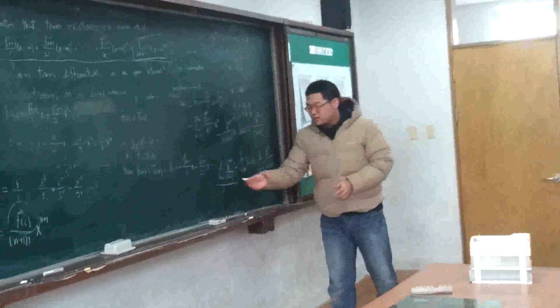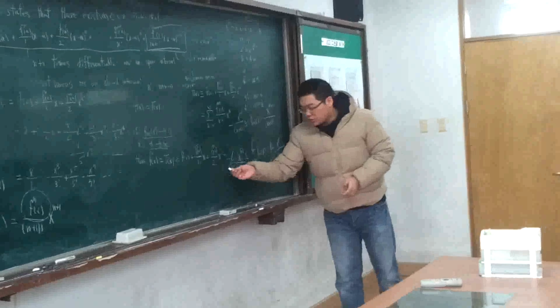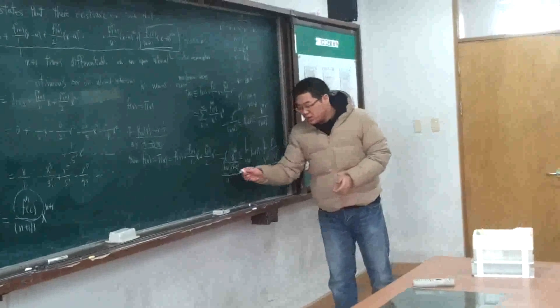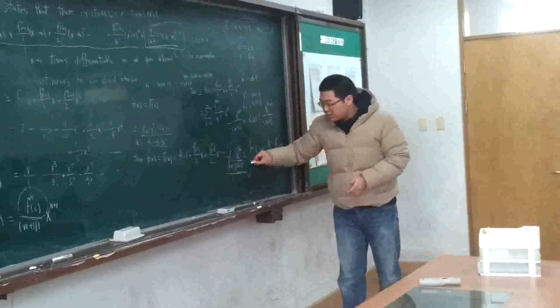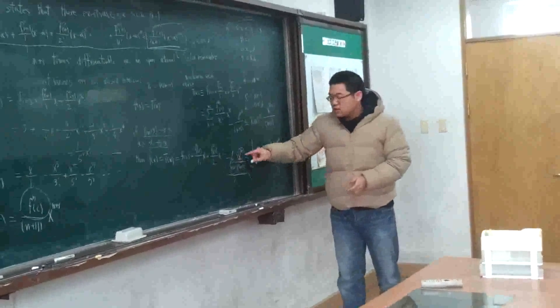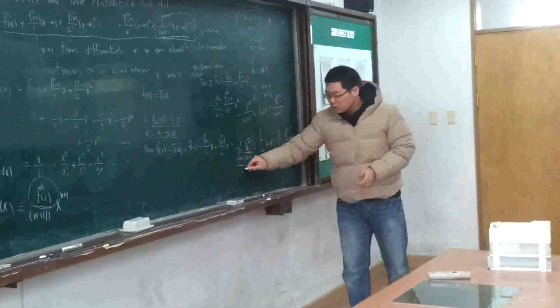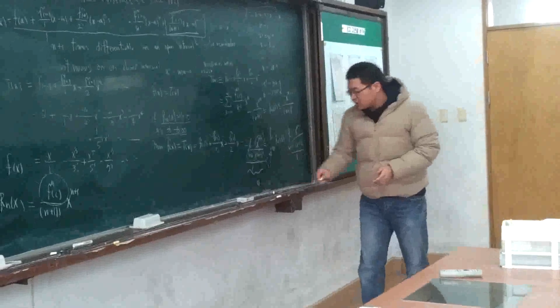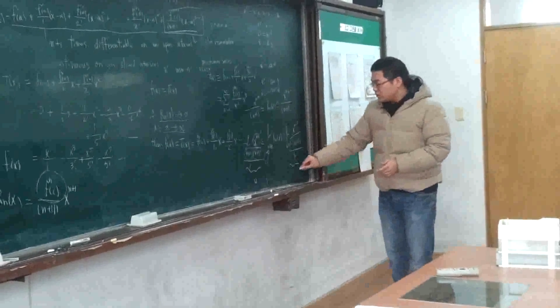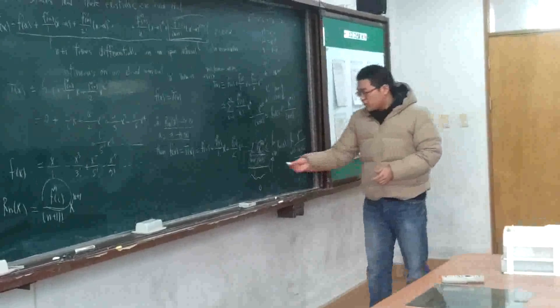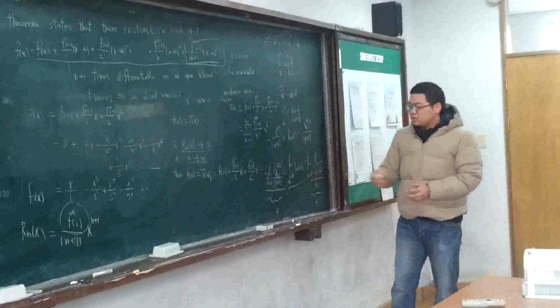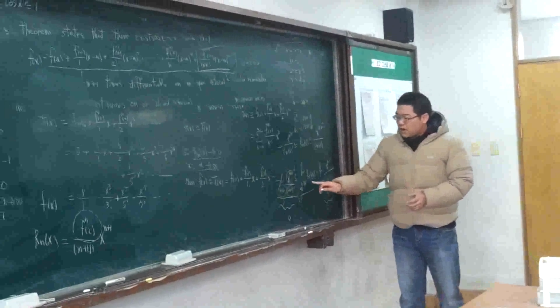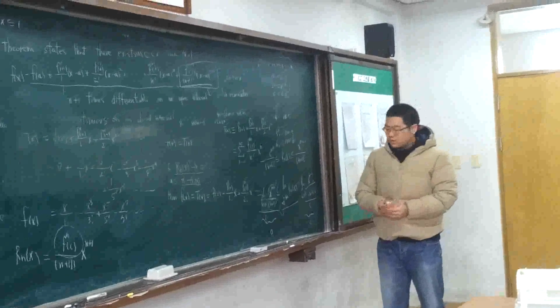So as n goes to infinity, this increases very fast, and this increases slower than this term. So it goes to 0. And this one too goes to 0. Then what should the value of the limit of R_n(x) be? 0.